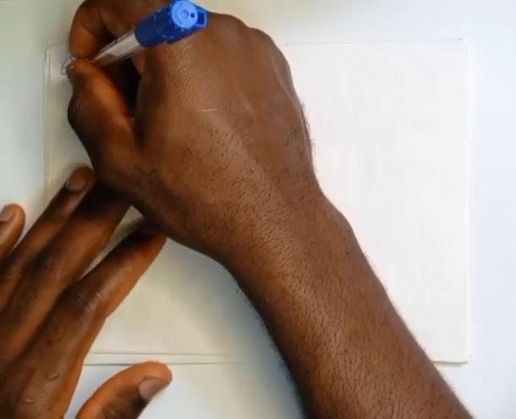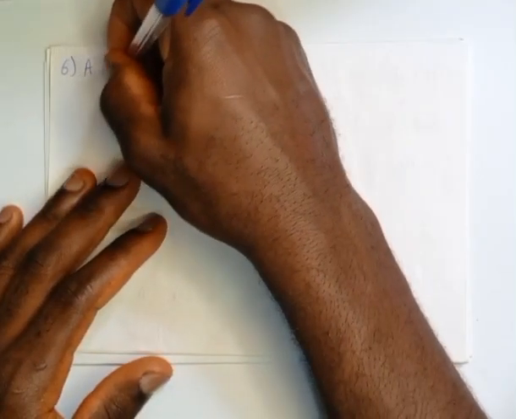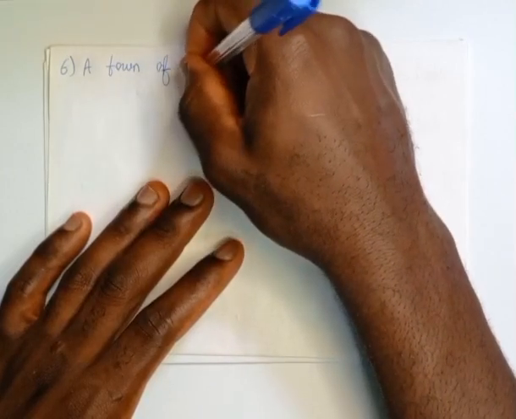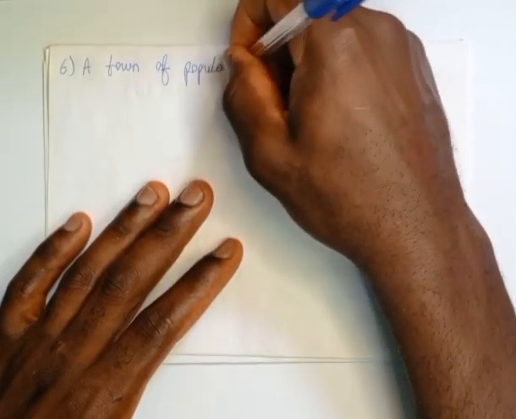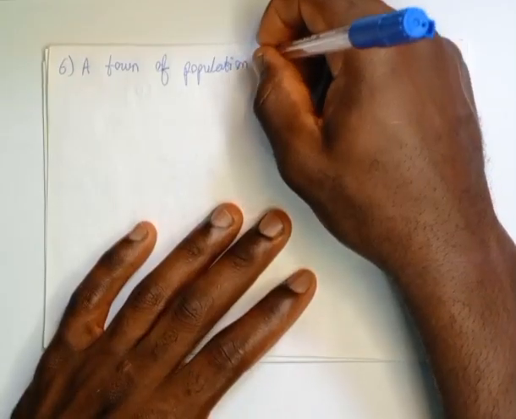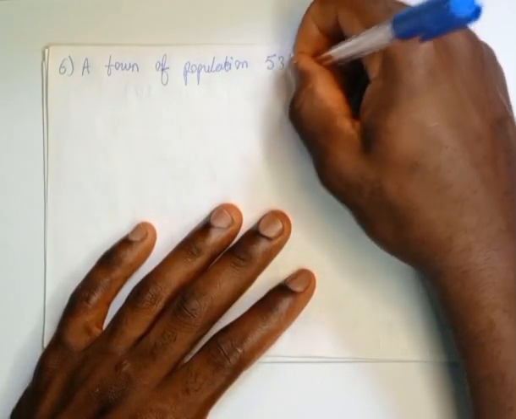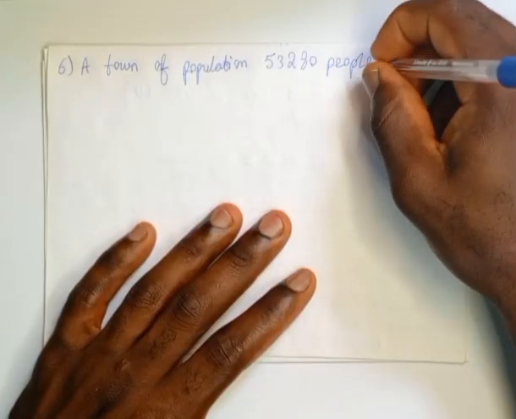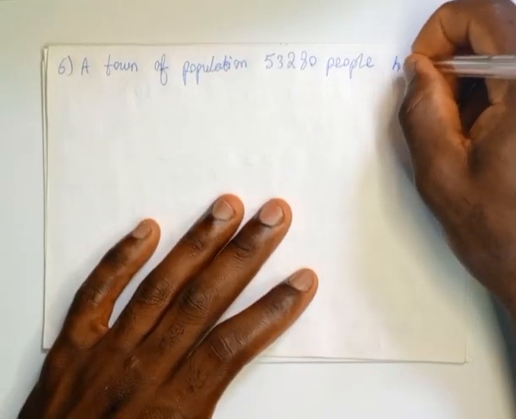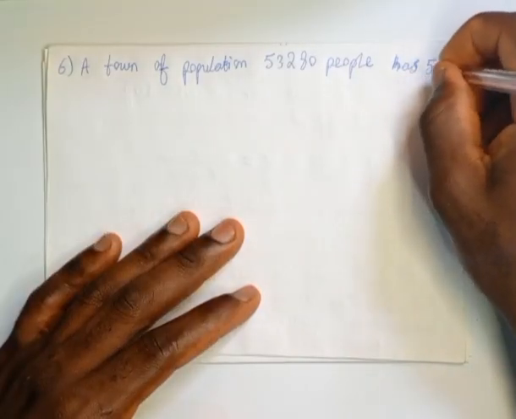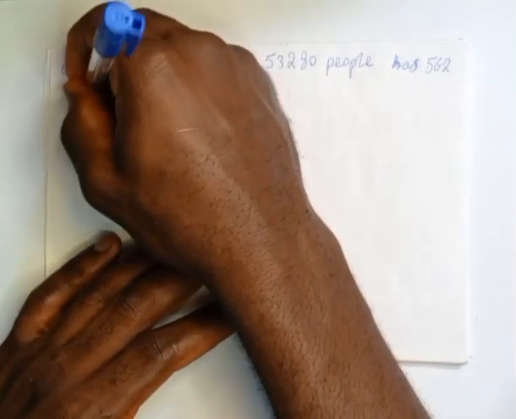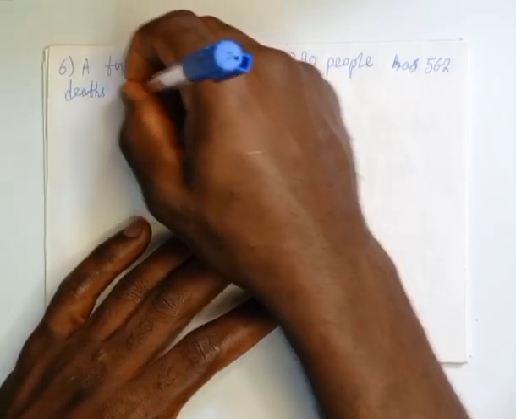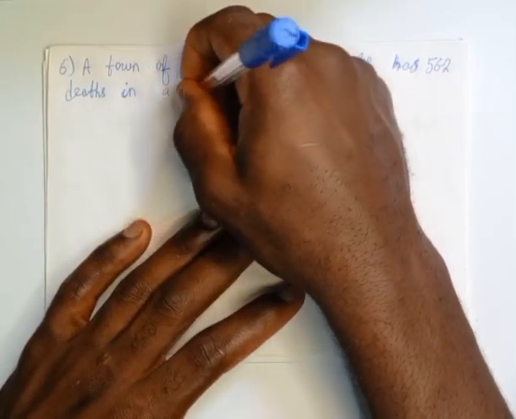Question 6. A town of population 53,280 people has 562 deaths in a year.